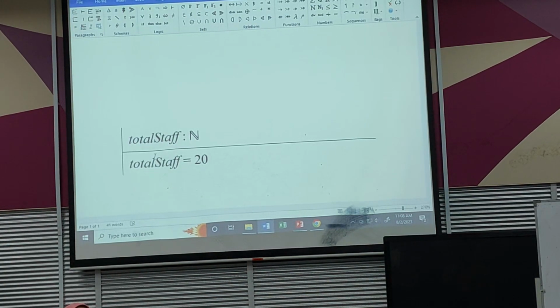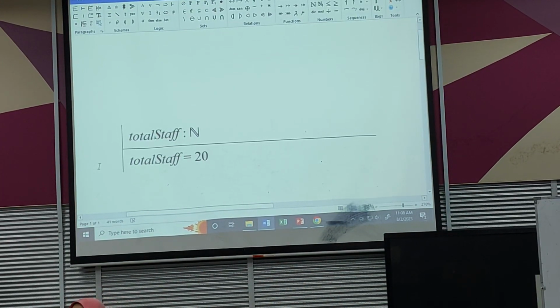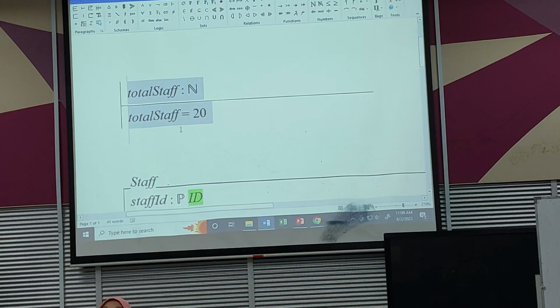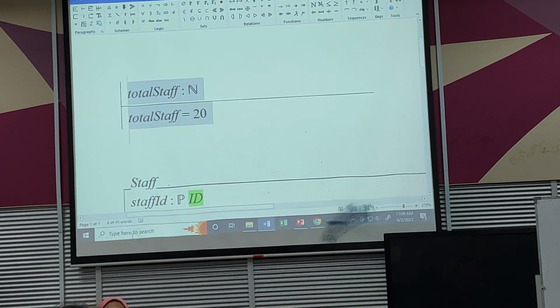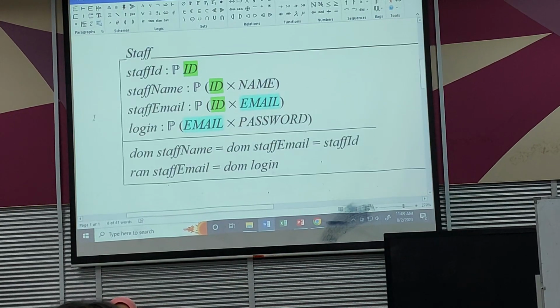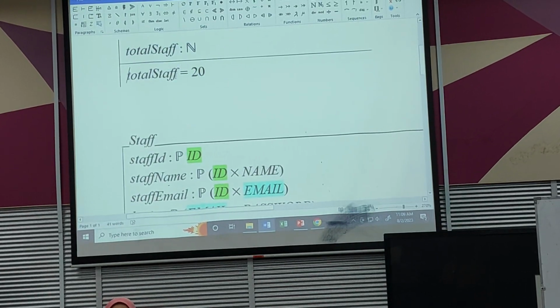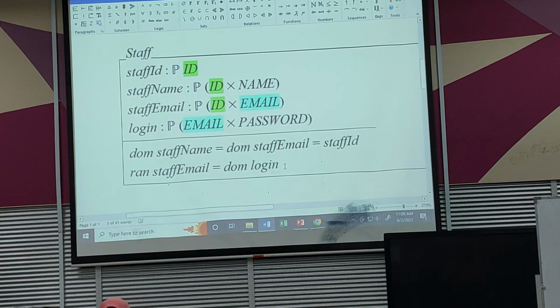Okay, assuming I have this. Some of you may have axiomatic definition, some of you might not have axiomatic definition. So assuming that maybe some of you have done axiomatic definition for your part. Okay, so you want to say that in your state space that the staff inside your system cannot exceed 20 staff here. Okay, so how are you going to do that?